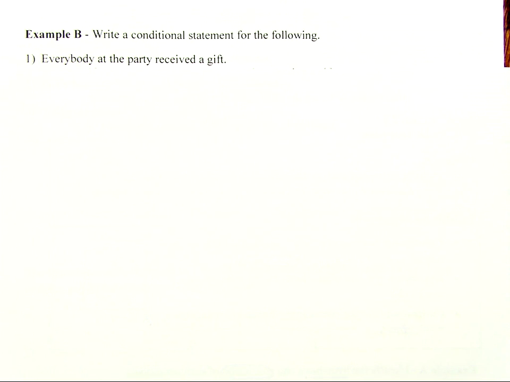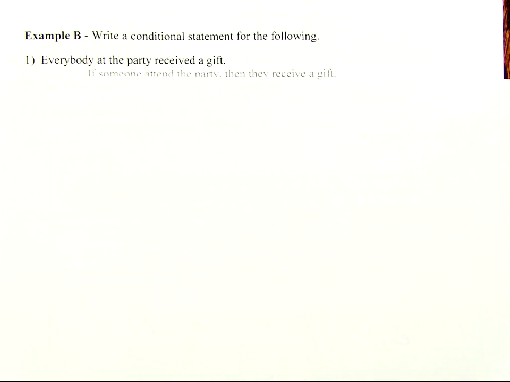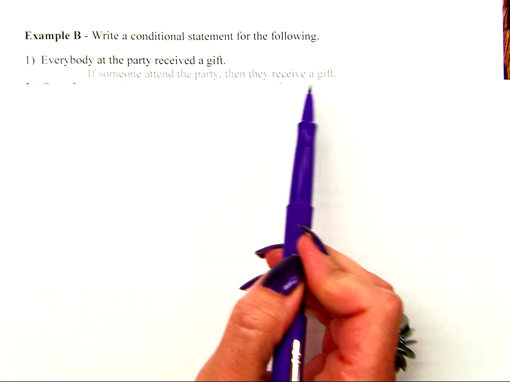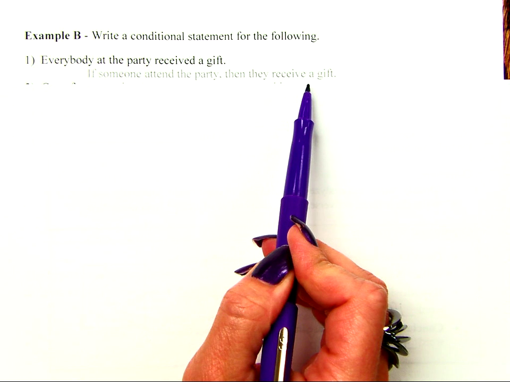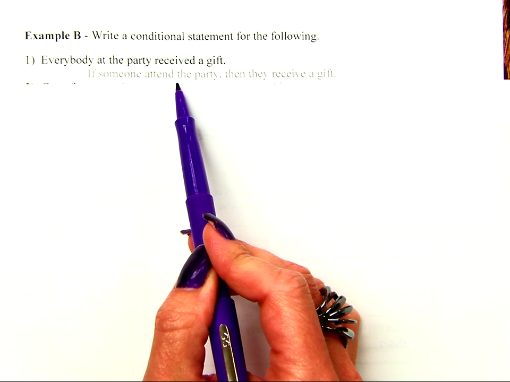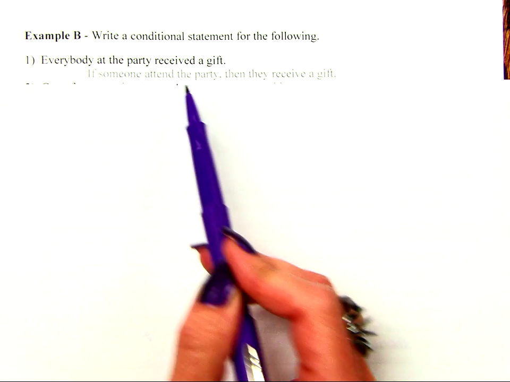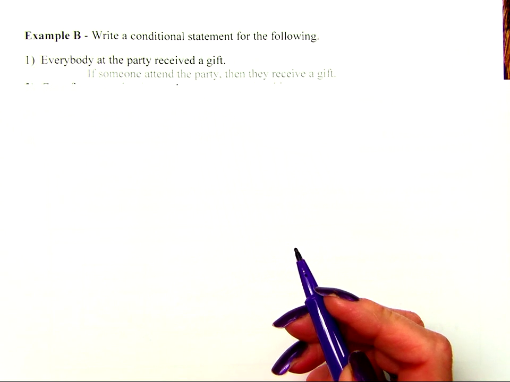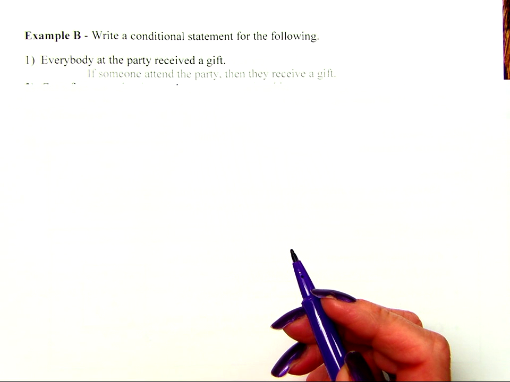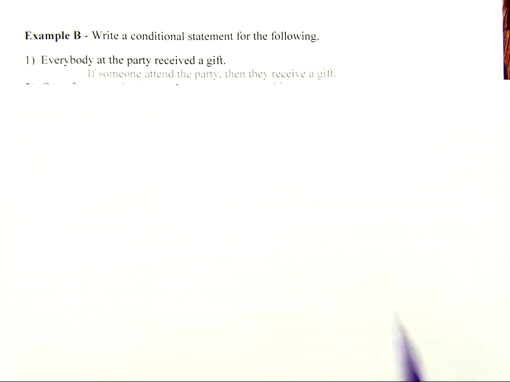Well, if someone attends the party, then they receive the gift. We can see that receiving the gift is clearly dependent upon attending the party. Sometimes the wordings can be slightly different.